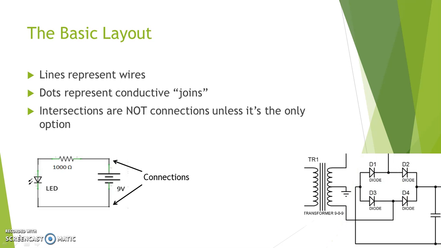Now in contrast, this more complicated circuit has dots representing solder where there's a possibility that it's something else. Dots showing connections where there are multiple options. And it also has a place where the wires cross for convenience's sake, and there's no dot. There's no connection here.